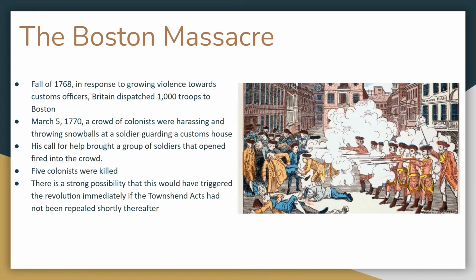Now, supposedly, nobody knows how or why the first shot was fired. All we know is that when the soldiers responded to the customs officer's cry for help, they, for some reason, opened up on the crowd of colonists and killed 5 of them.